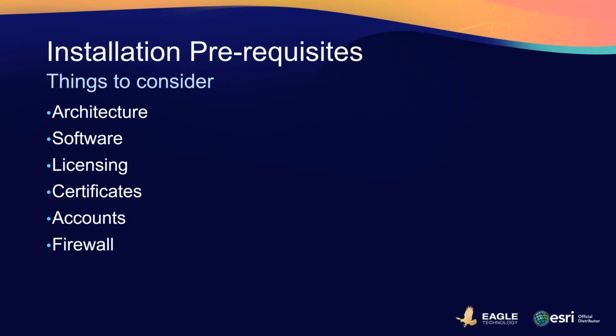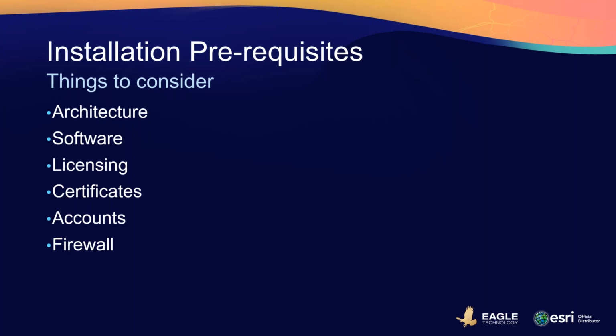And then we move to software. So what software do we need for a base deployment? But we also might want to look at some additional software, for example, like Notebook Server or Image Server. Do we have the software that we need, as well as licensing?